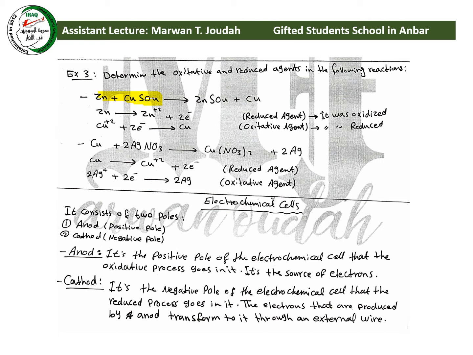So for the Zn, it was 0, okay? Did it lose or gain electrons? It must be losing electrons, because the Zn here was 0 and it becomes Zn plus 2, which is obvious because when we replace the copper in the first equation with the zinc, it becomes Zn plus 2, and SO4 was minus 2, okay?